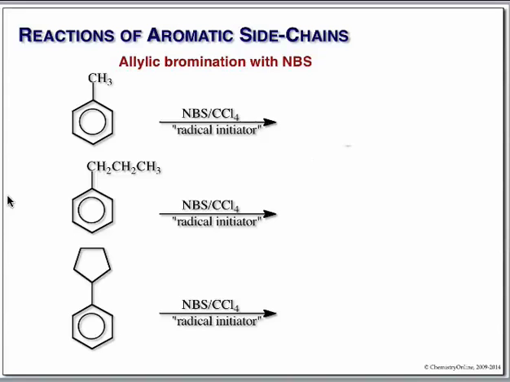They form very stable radicals, very stable cations, etc. If we do N-bromosuccinimide in the presence of a radical initiator, we wind up brominating in the allylic position. Let's very quickly jot down the products for our allylic bromination.